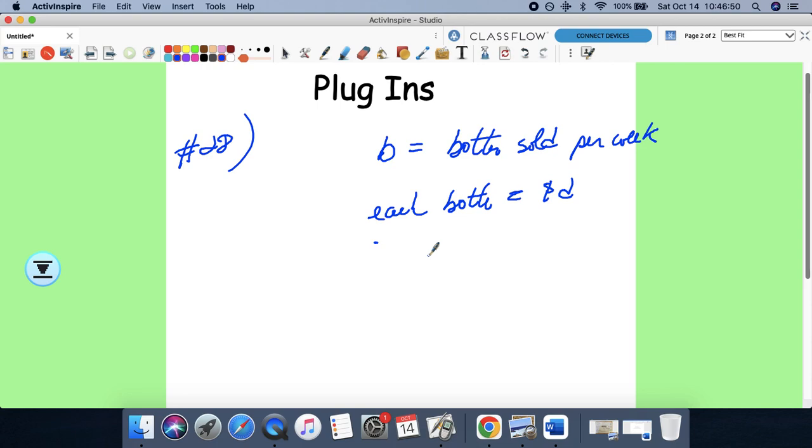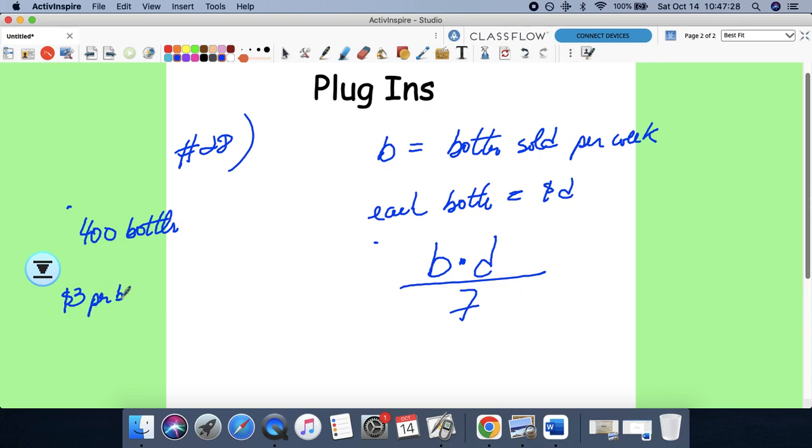Well, it's going to be the total number of bottles sold per week. We're going to divide that by 7, and we're going to multiply that by D. Each bottle is $D, so let's say you sold 400 bottles of Snapple, and each bottle was $3.